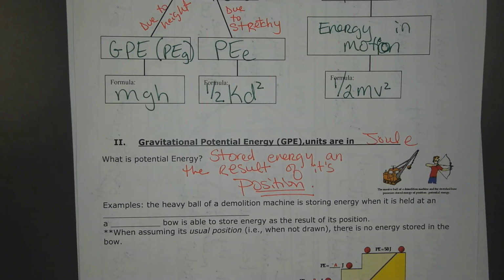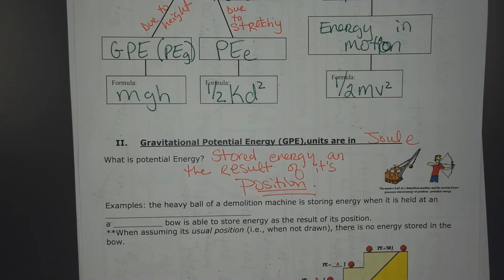We've all probably pulled back a rubber band and let it go. If you pulled it back a little bit more because you want it to go further, you want it to have more elastic potential energy, you want it to hurt that other person with a harder sting, right? So it's also due to its position.